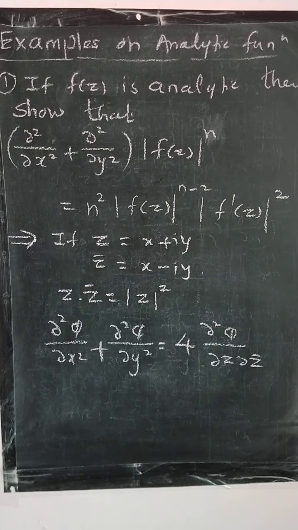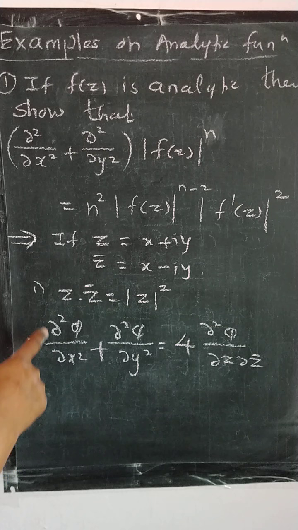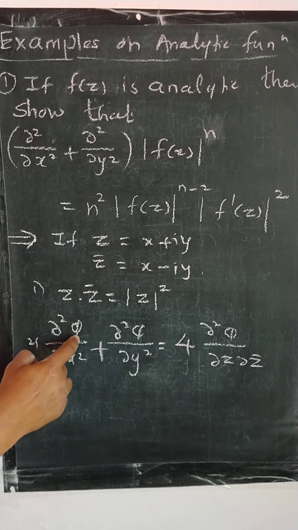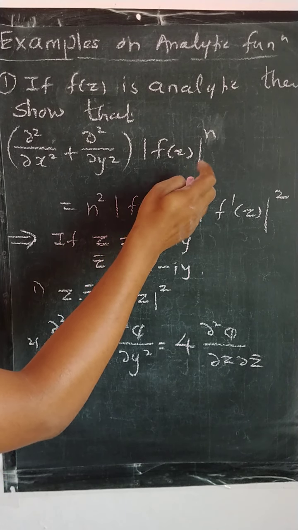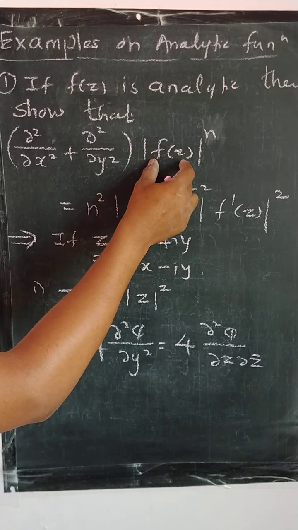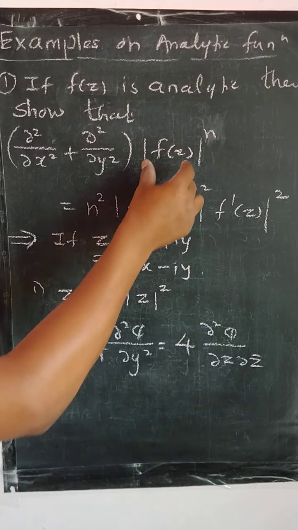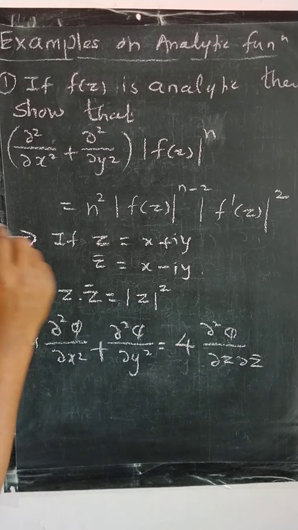So these are the two important things we are going to use to get this required result. Here f of z is a complex valued function whose mod is a function of x and y only, so that will be of the form phi of x, y. So this we will treat as phi.